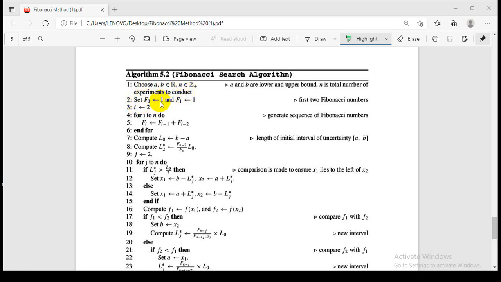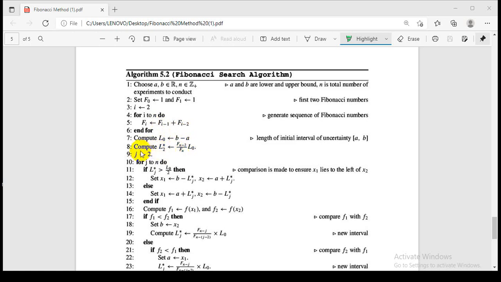Set F0 equal 1 and F1 equal 1. For i equals 2 to N do: Fi equals Fi minus 1 plus Fi minus 2. Compute L0 equals B minus A, and compute L2 star equals Fn minus 2 over Fn multiplied by L0.